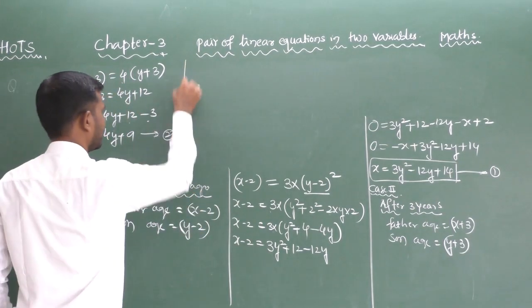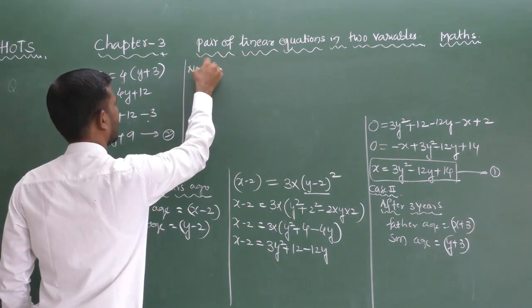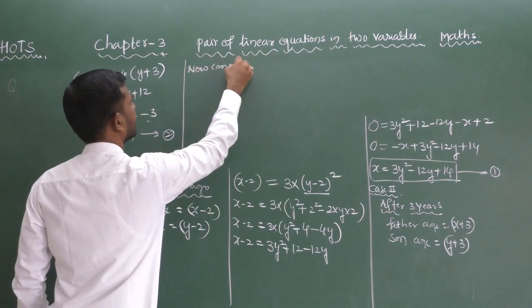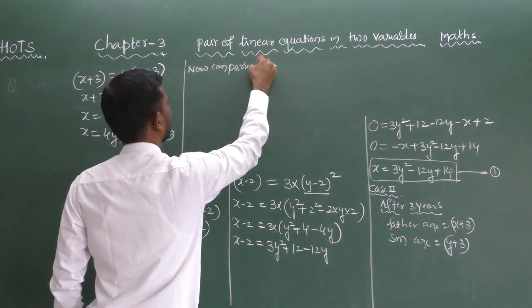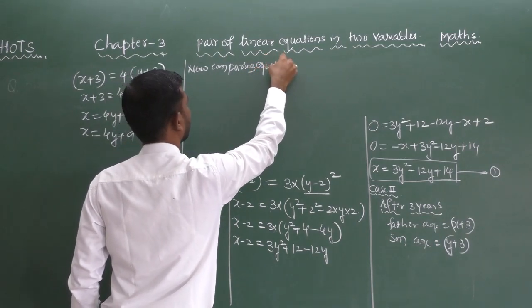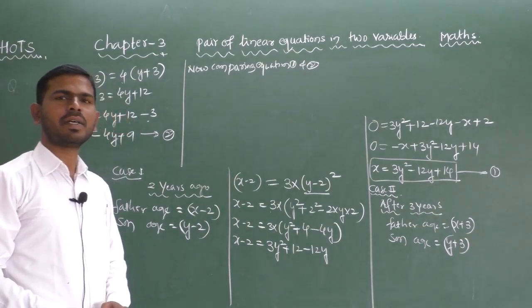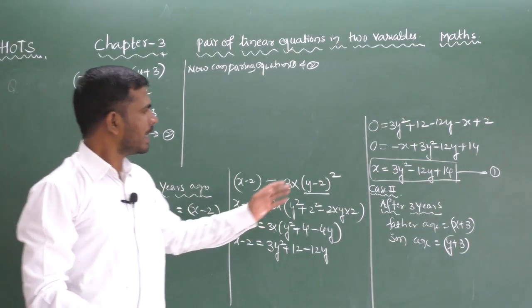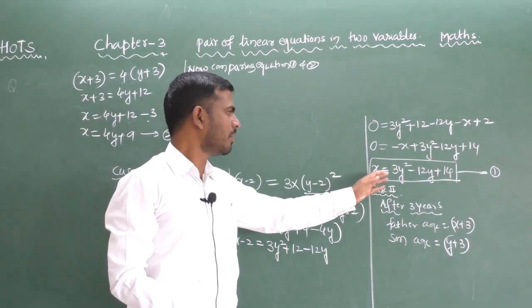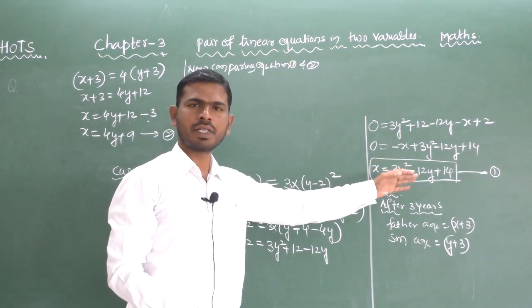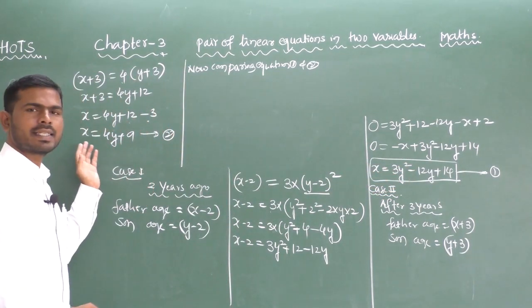Now comparing equations 1 and 2. Suppose you have to compare equations 1 and 2, because equation 1 is x equal to 3y square minus 12y plus 14 and equation 2 is also x equal to.